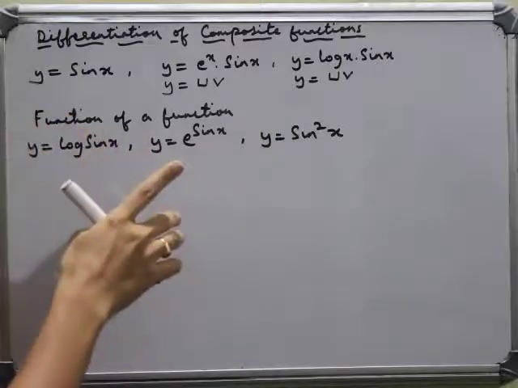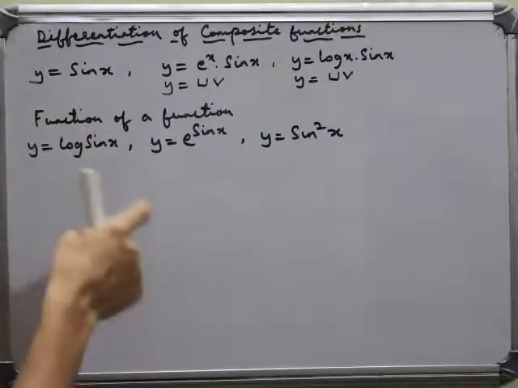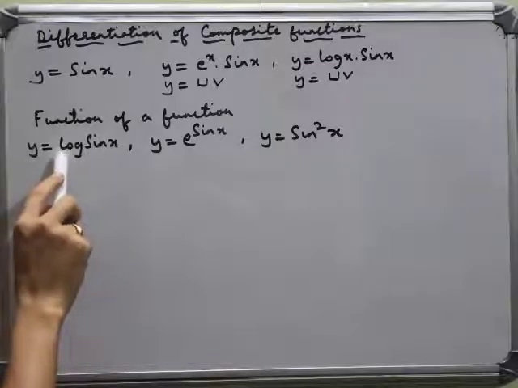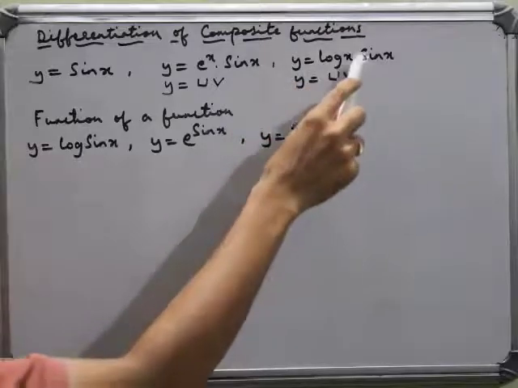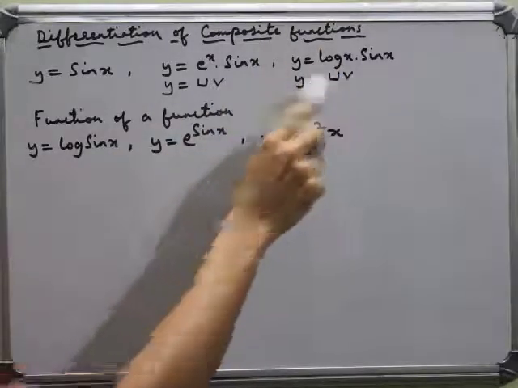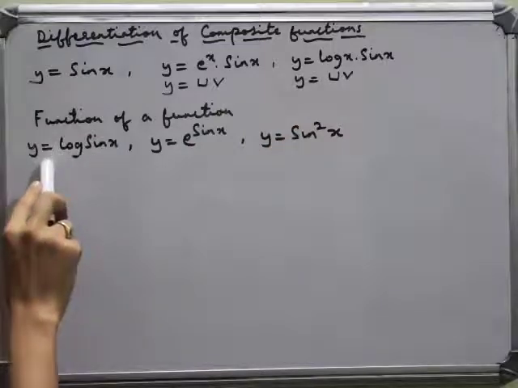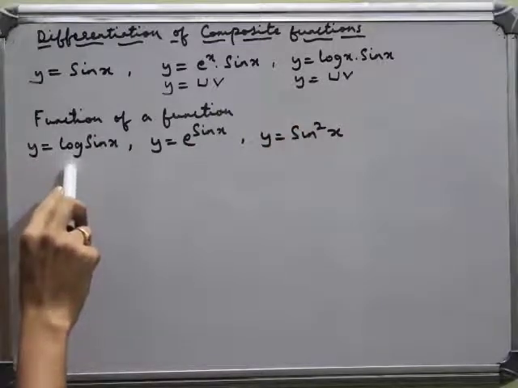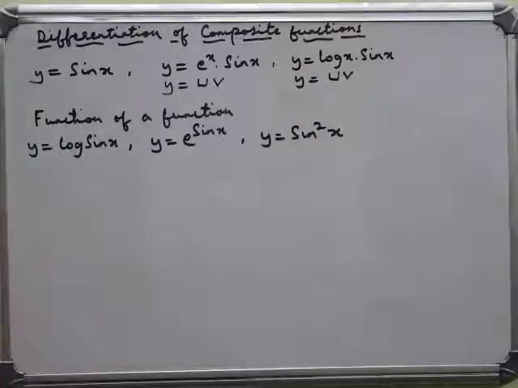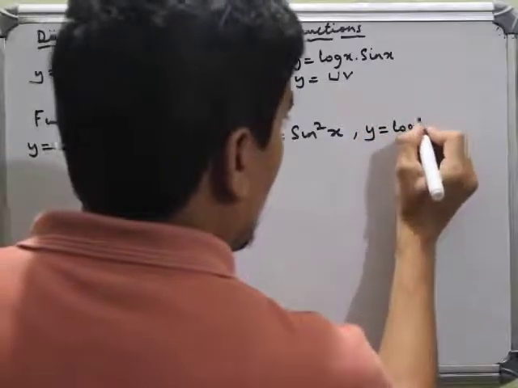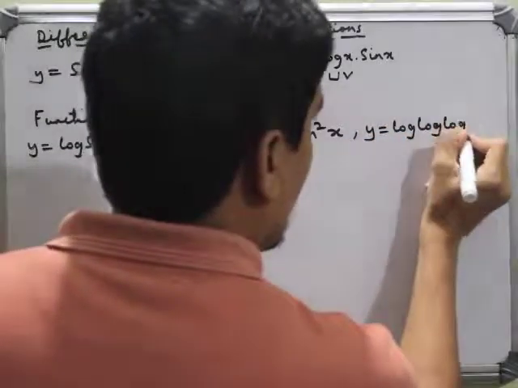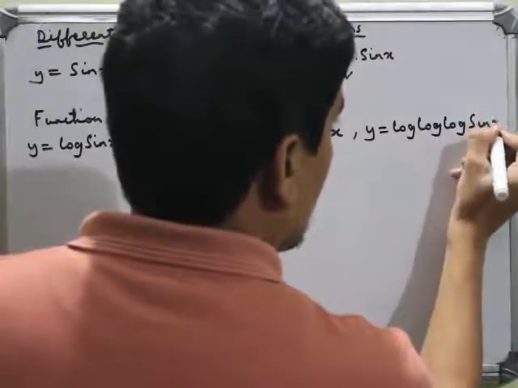For sure it is a function of x, but how is x defined? X is defined as function of log of sin. In the previous case it was log x into sin x. This was in product rule. Here y is defined as function of log of sin of x. Okay, log of sin of x. We can take another example. Y is equal to log of sin x.